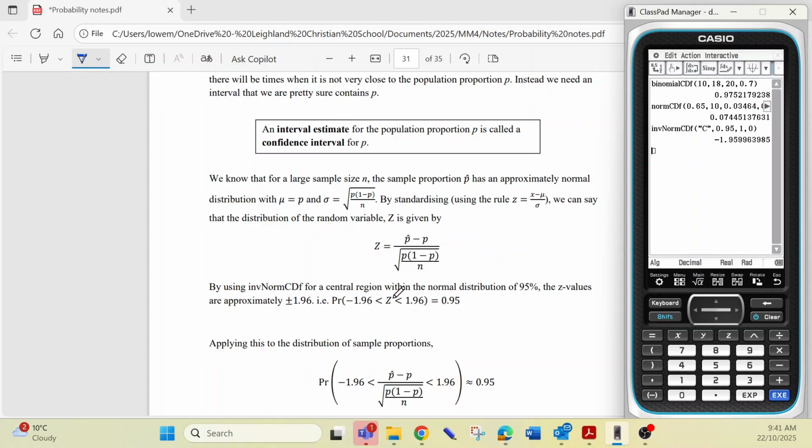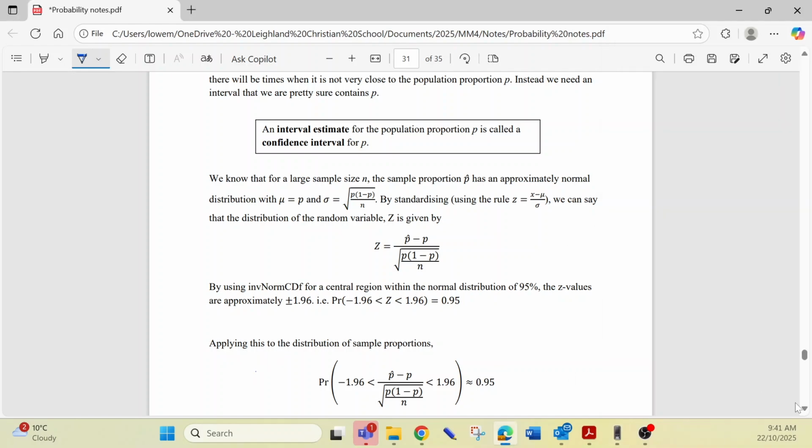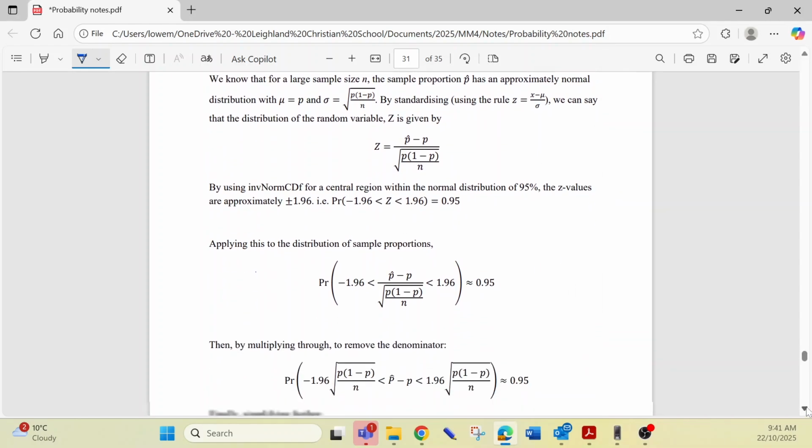Okay, so for a 95% confidence interval, we're looking at using this z value of 1.96. Okay, so if we apply this value to our distribution of sample proportions, this is our z value.